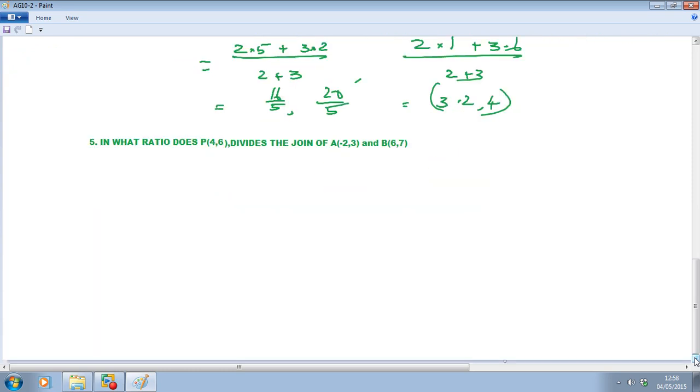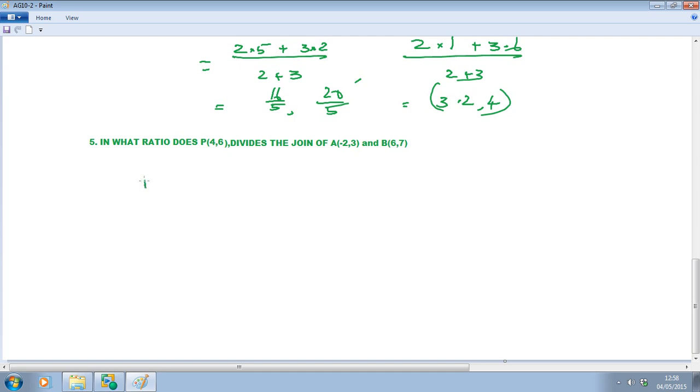Next problem. In what ratio does P (4, 6) divide the join of A (minus 2, 3) and B (6, 7)? In this case, the point is given. We have to find the ratio, M is to N. The same formula we will apply now.